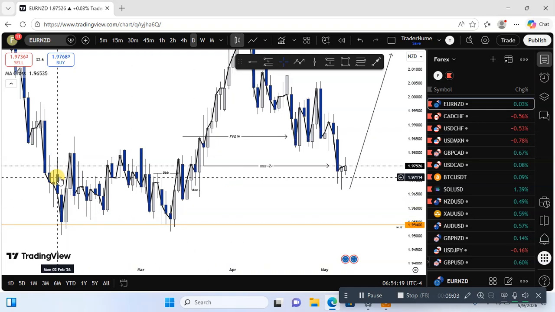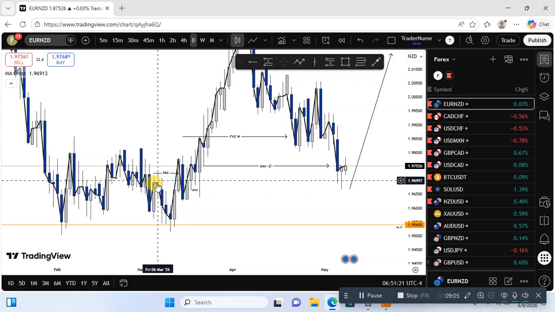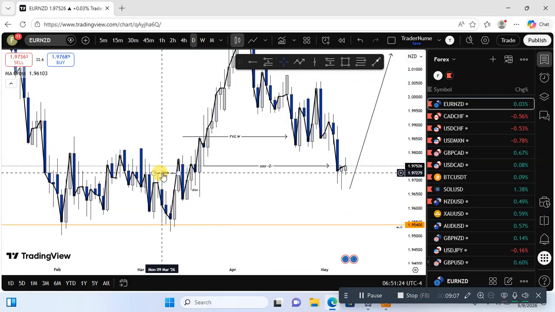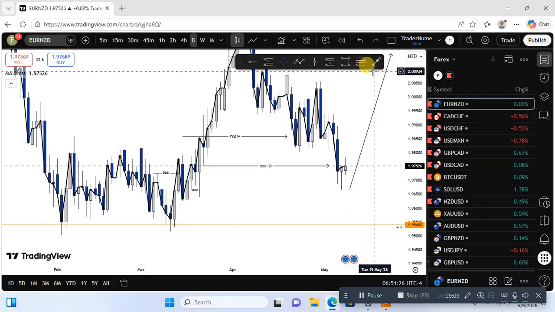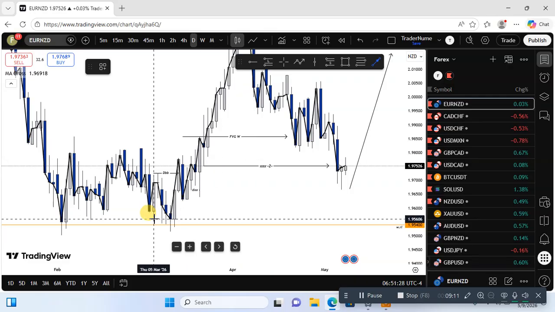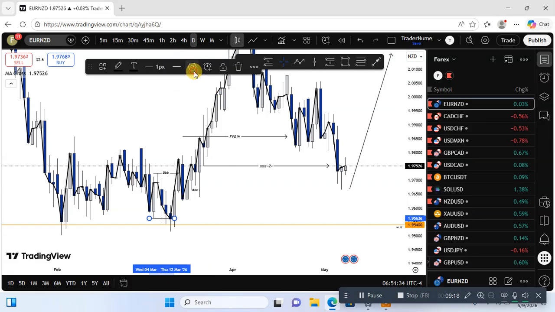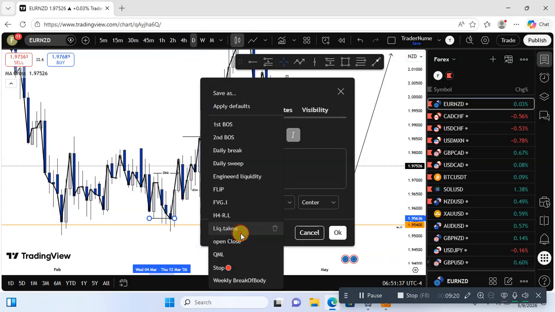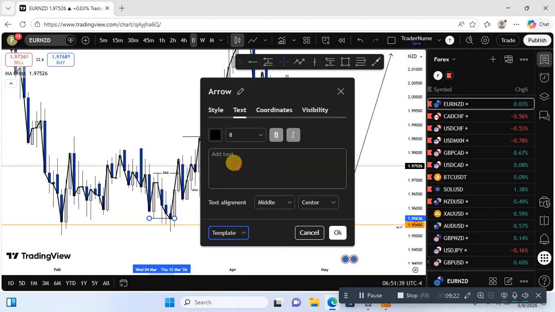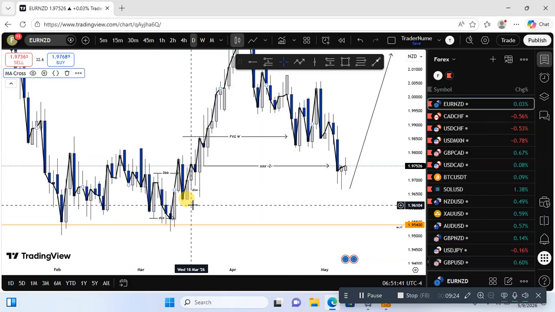Price reacted there twice. One went up, reacted again, two, and we saw a daily break. And also this is a daily sweep, right? So I'm going to label it now. A daily sweep.